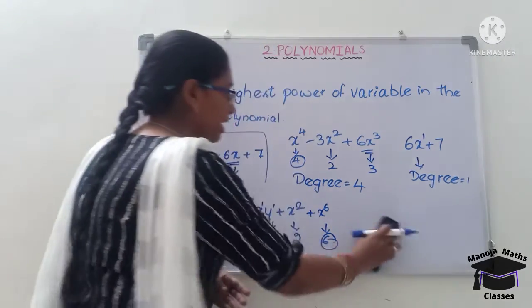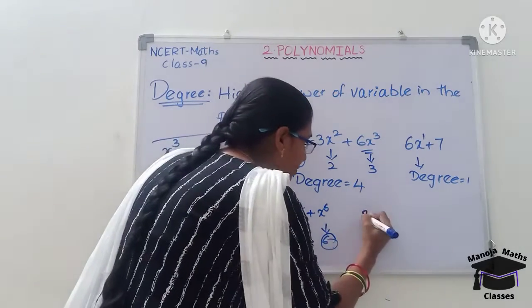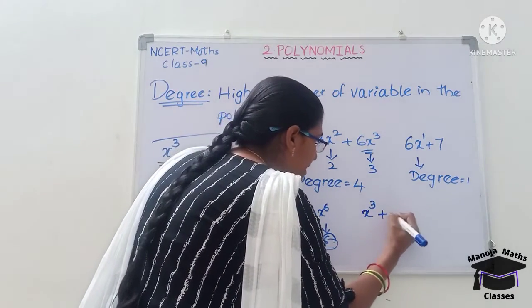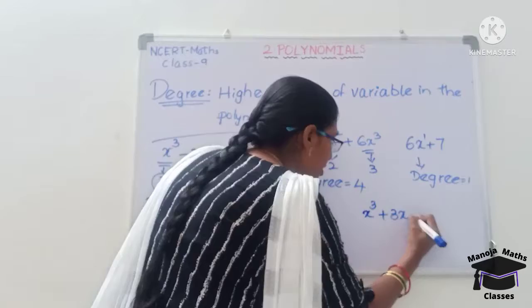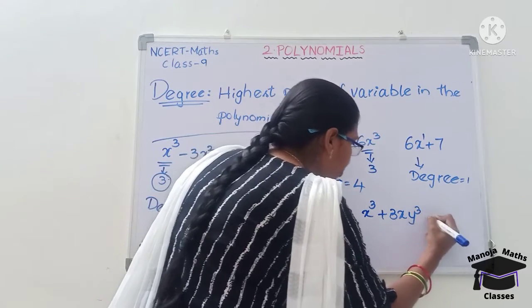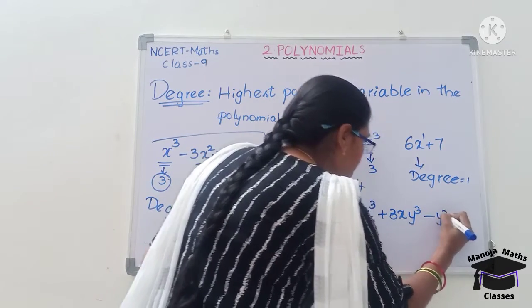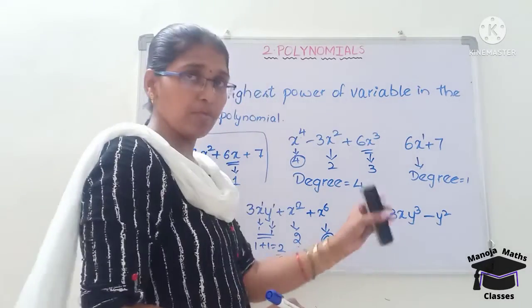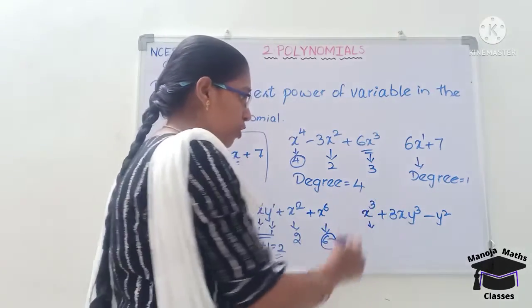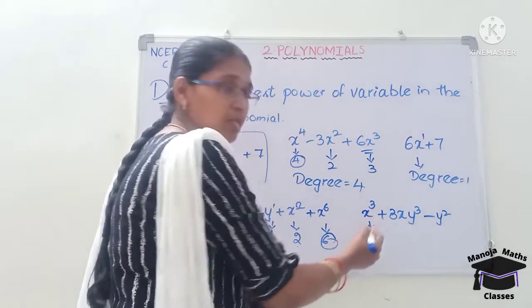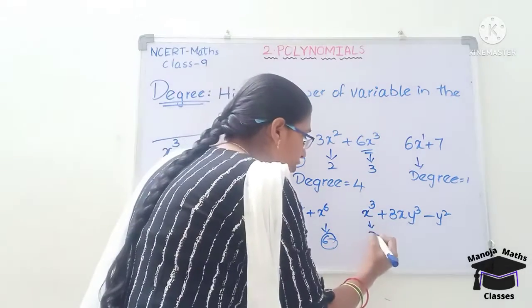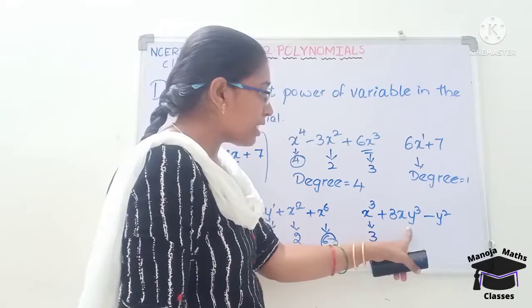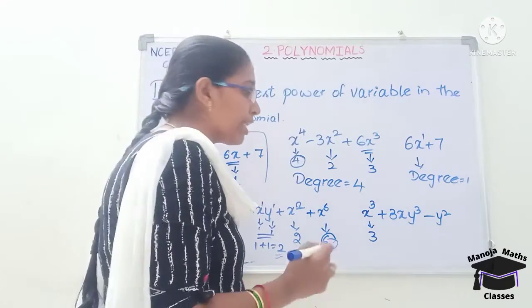Let's consider another expression: x cube plus 3x y cube minus y square. Now, let's take each term. There are two variables in this polynomial. It is a polynomial of two variables. In this term, x cube, what is the exponent, children? 3. And if you see 3xy cube, how many variables are there?